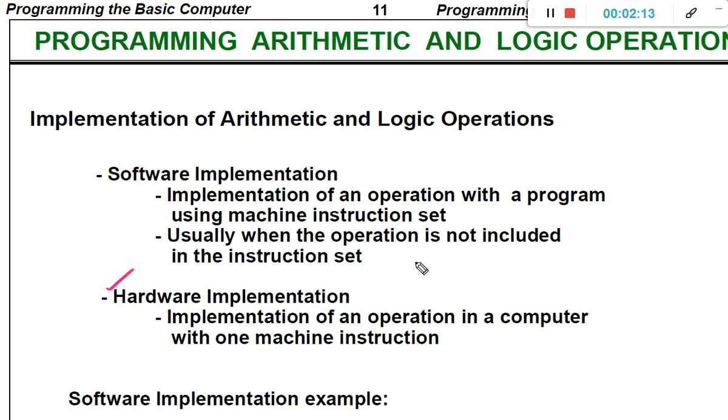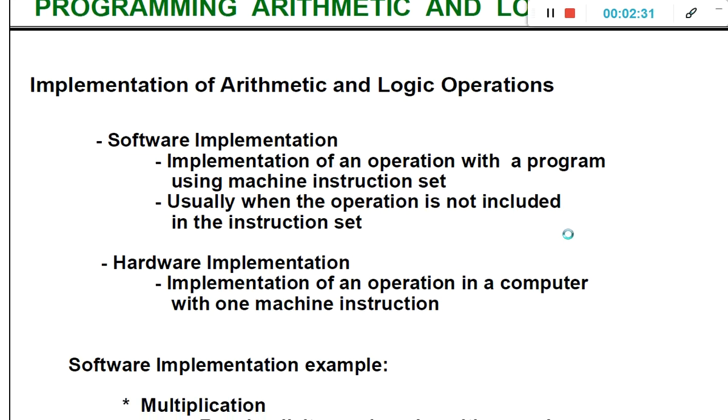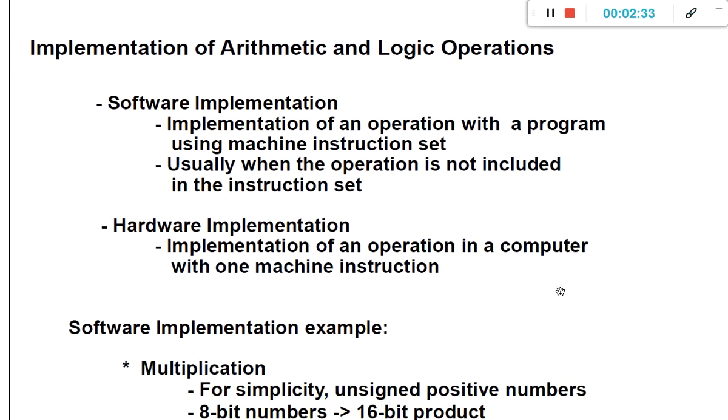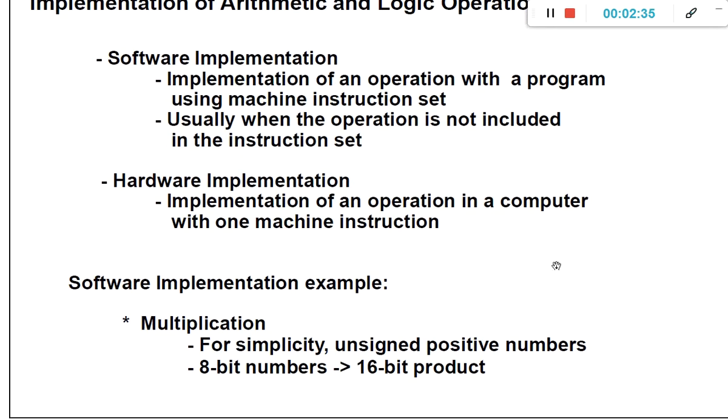However, to implement the remaining operations, we need a software implementation. That is, we need to write a program in assembly level language that will perform the required operation. So we need to know how to write the program for other operations that are not available directly.